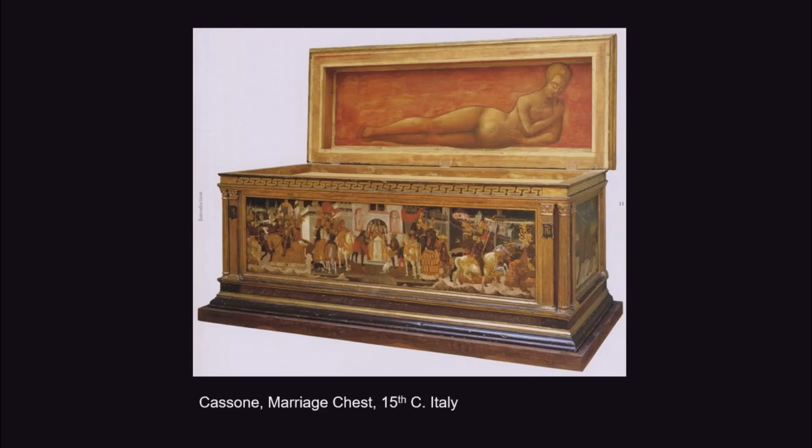But one of the things that's really curious is that on the inside of these chests, it was a very common feature to paint a reclining Venus. And you see that in these chests all this time. So this is a marriage chest intended to hold the personal effects of a bride, and she goes into a household.